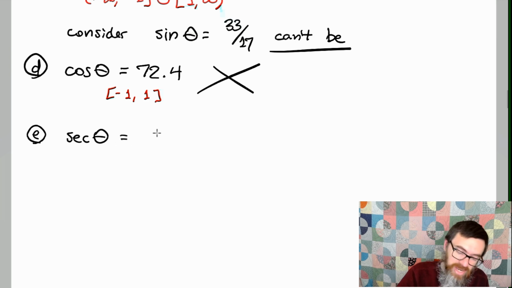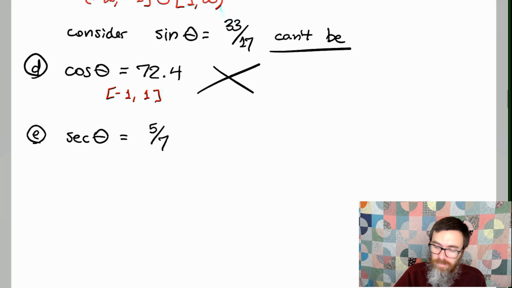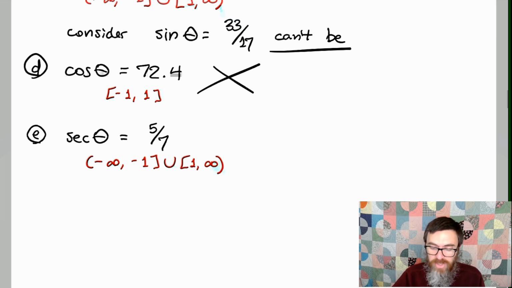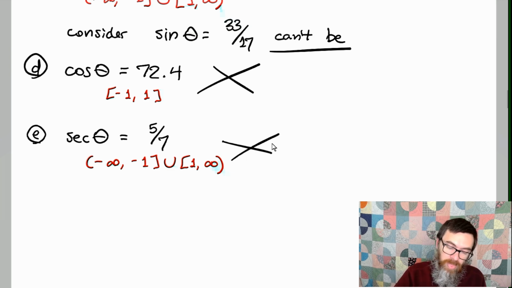All right, can the secant ever kick back the number 5/7? Well, consider the acceptable range for the secant is this guy. Is 5/7 a number that's part of that range? The answer is no. Remember that secant is going to be r over x.